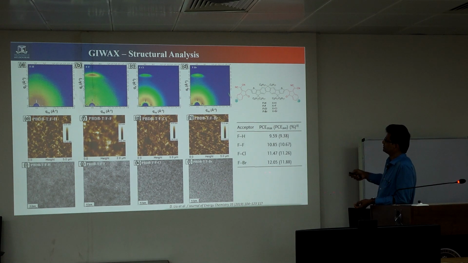We can see the reflection for this FF molecule around pi-pi stacking, and this one is also an improved one. So all the functional chlorinated molecules show that it is all pi-pi stacked, whereas here we can see a very feeble one, less one. But in all those AFM and TEM structures, we can see that a very nanoscale level domain size is forming.